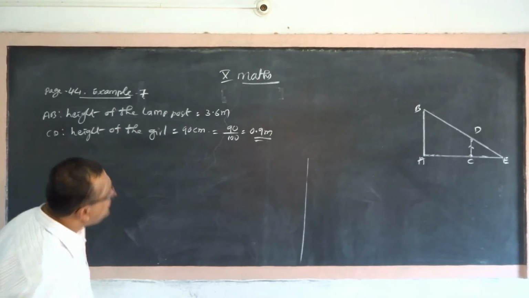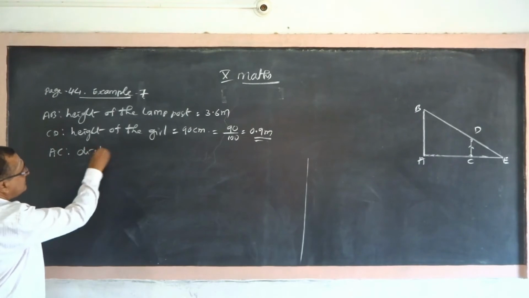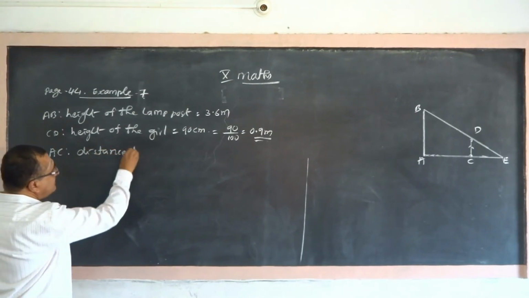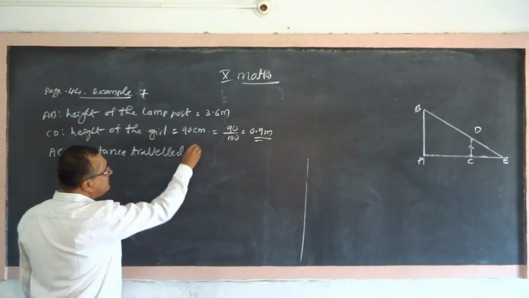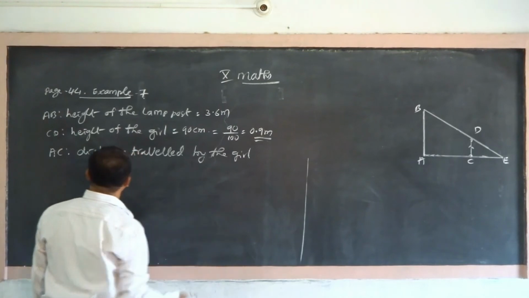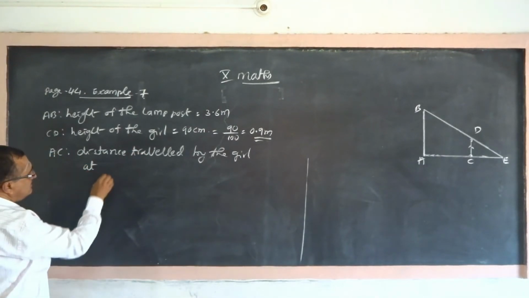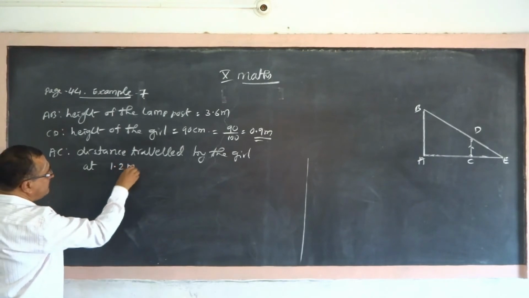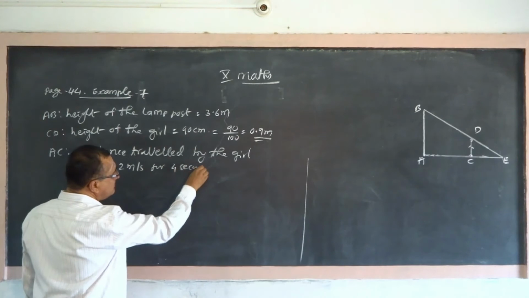Next one, AC, the distance traveled by the girl at 1.2 meter per second for 4 seconds.